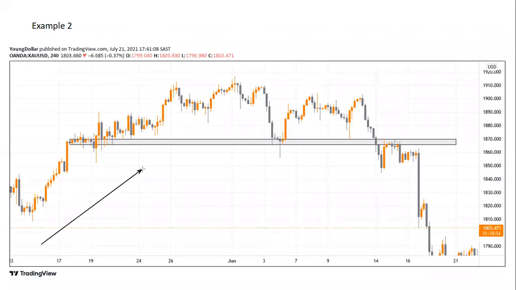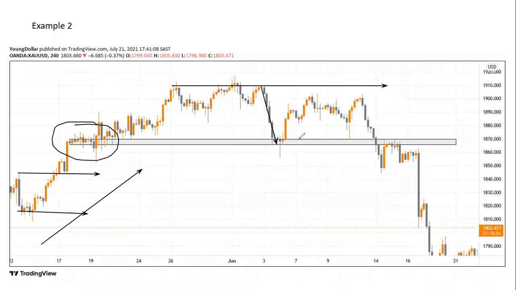We had price moving to the upside, creating higher highs, higher lows, sorry, and higher highs, pushing to the upside. We had price create a level that it has failed to break, pushing to the downside into a previous level of structure.